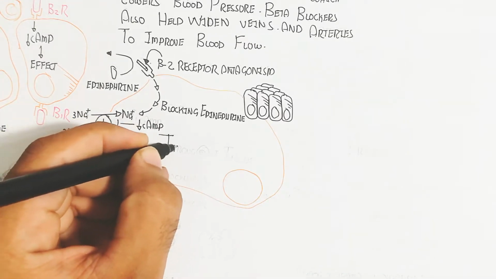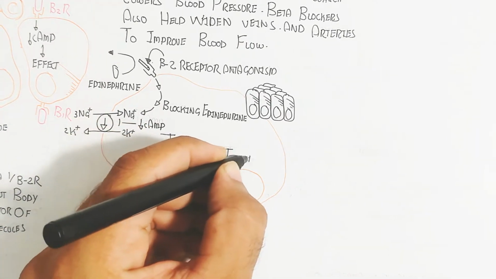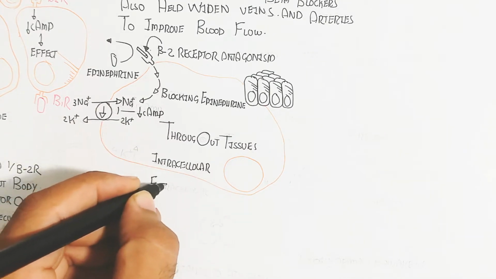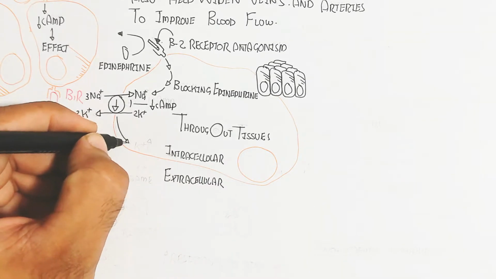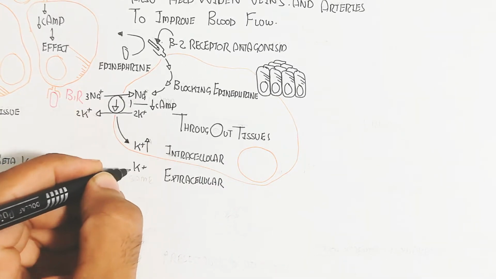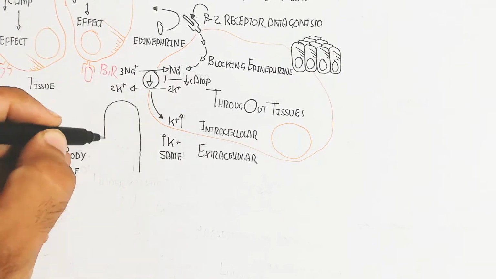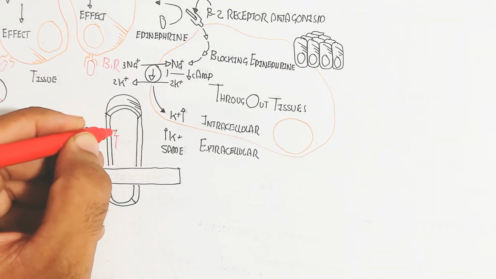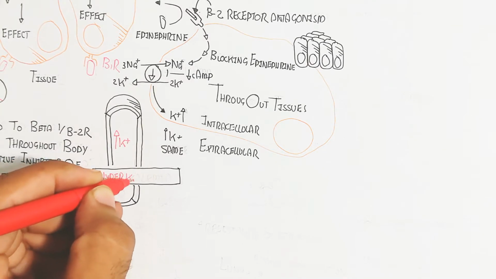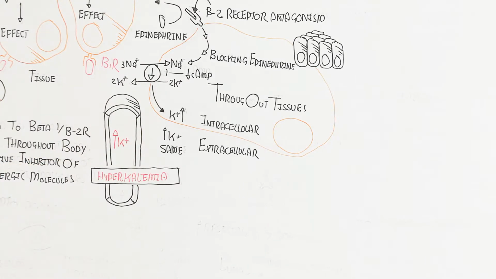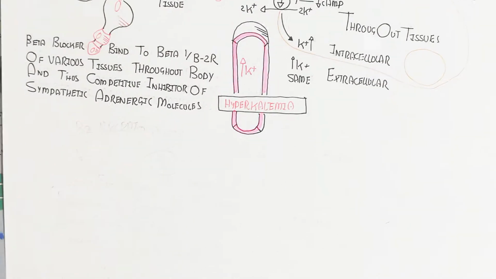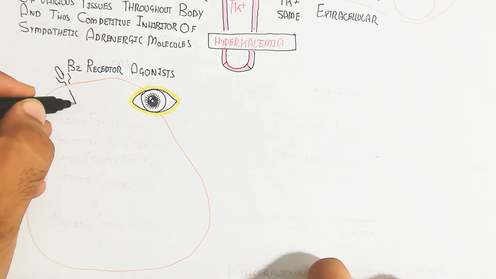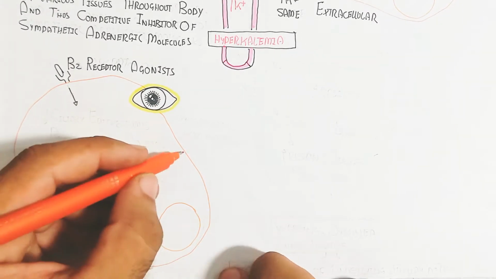In this way, the cyclic AMP decreases throughout the tissues, and the intracellular and extracellular potassium are maintained. Intracellular means within the cell, and extracellular means outside of the cell. Potassium is an intracellular cation, but it is also present in the extracellular space. When it goes into the blood vessel, the potassium increase will lead to hyperkalemia.